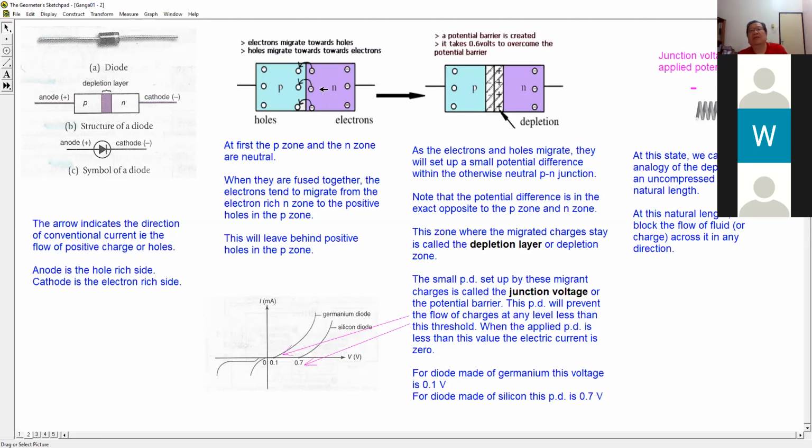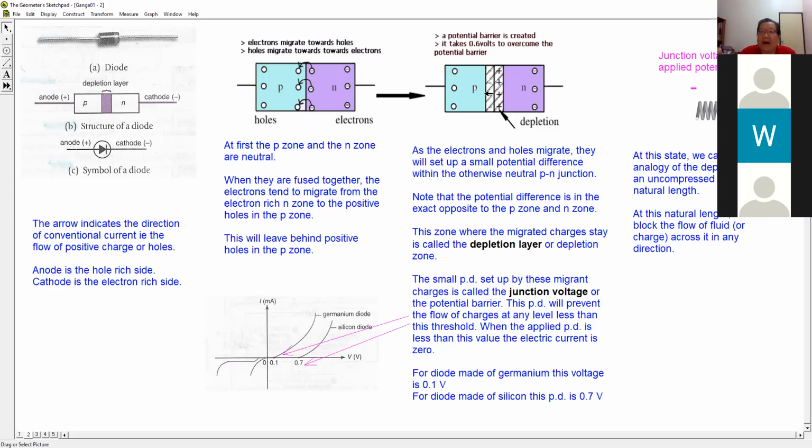As a result, the P side will have a certain amount of negative charge, and the N side of the junction, the place where they meet, will have some positive charge, but overall they are still neutral. Now we say that this is in an unbiased state. Unbiased means they are neither forward biased nor reverse biased.